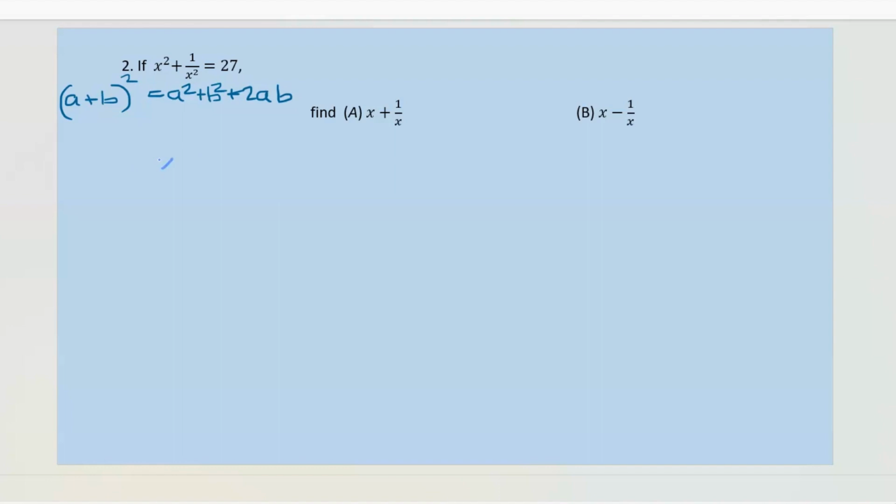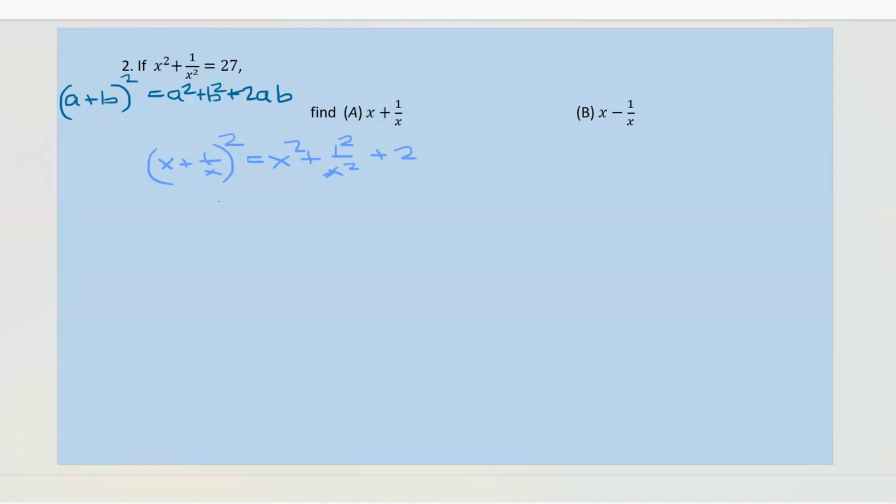It's going to be x plus 1 over x whole square equals x squared plus 1 square over x squared plus 2 times x times 1 over x. Oh, it doesn't equal anything yet, I'm sorry. And then again, when you multiply x times 1 over x, that is going to result in 1. So it's just going to be 2.